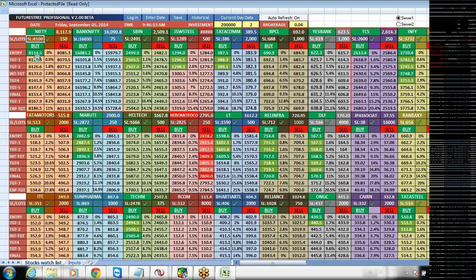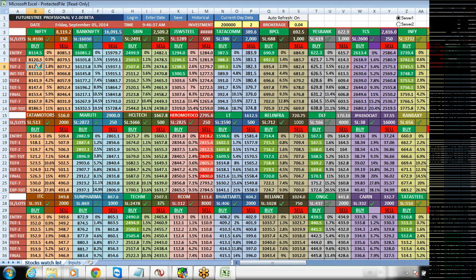So either the script moves ahead and meets its targets, that is target 1, target 2, intermediate target, target 4, 5, 6, 7. You have various target levels. As soon as the script reaches the intermediate target, you can change your stop loss from 8100 to another figure. That is how you trade.